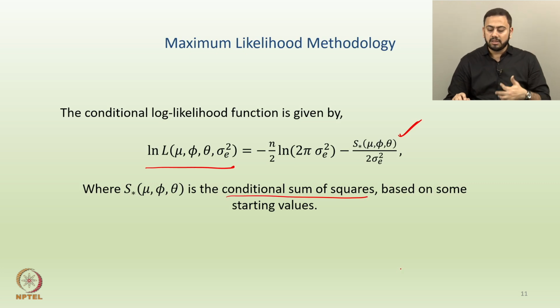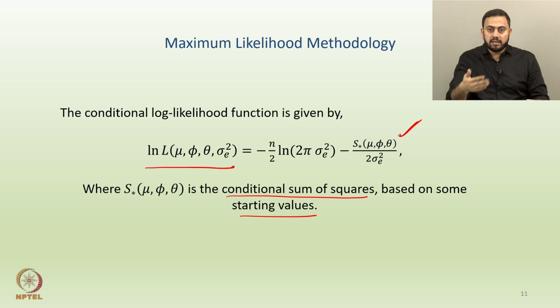And why conditional? Because when you are finding MLEs using a numerical approximation technique, you have to fix some starting values of the parameters. I am not sure how many of you have taken a numerical analysis course where you have the Newton-Raphson technique or other convergence techniques. If you are applying any such numerical approximation technique, you have to consider some starting values of the parameters.